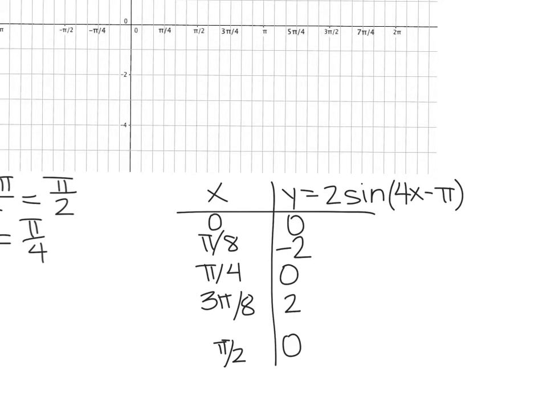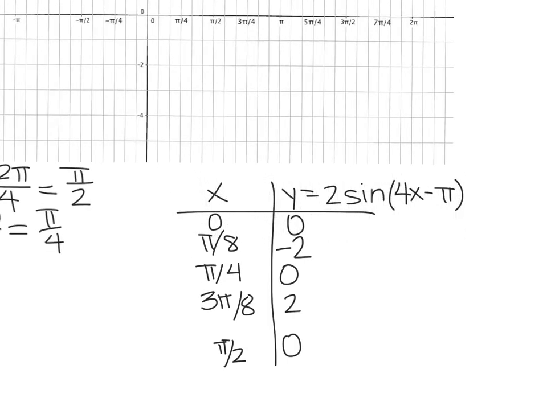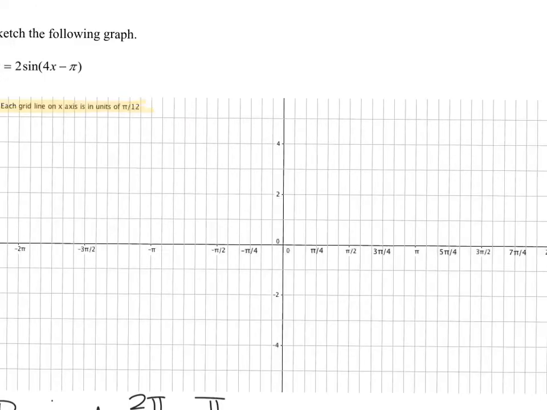So now that I have my points, now I just need to graph those on my graph. Now the issue is pi over 8 and 3 pi over 8 are not x values on our graph because it goes up by pi over 12. So we're going to have to guesstimate a little bit when we go to graph some of these points and figure out where exactly they lie. So we know we're going to start at 0, 0.